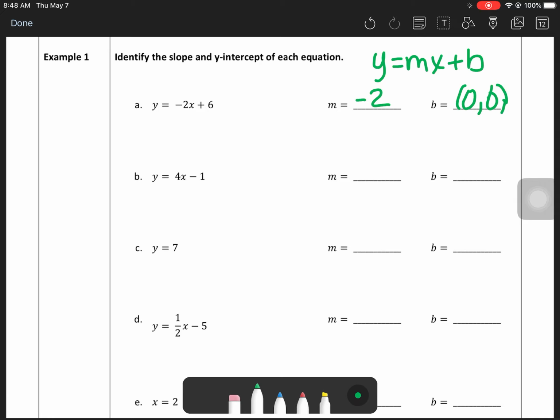Our slope on the next one is 4, and our y-intercept is -1. Now, on y equals 7, since it's crossing the y-axis at 7, that's our y-intercept, and it's going across, so our slope is 0.